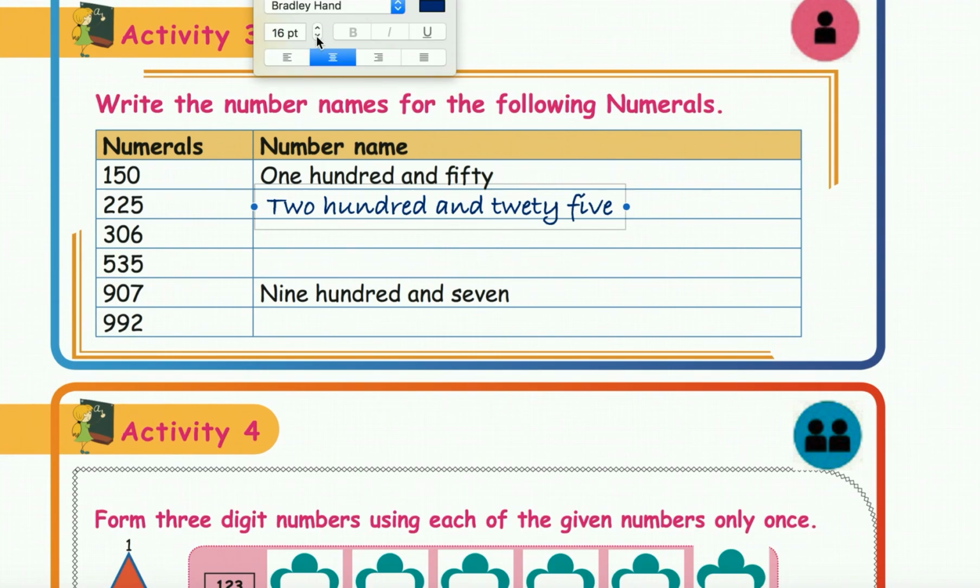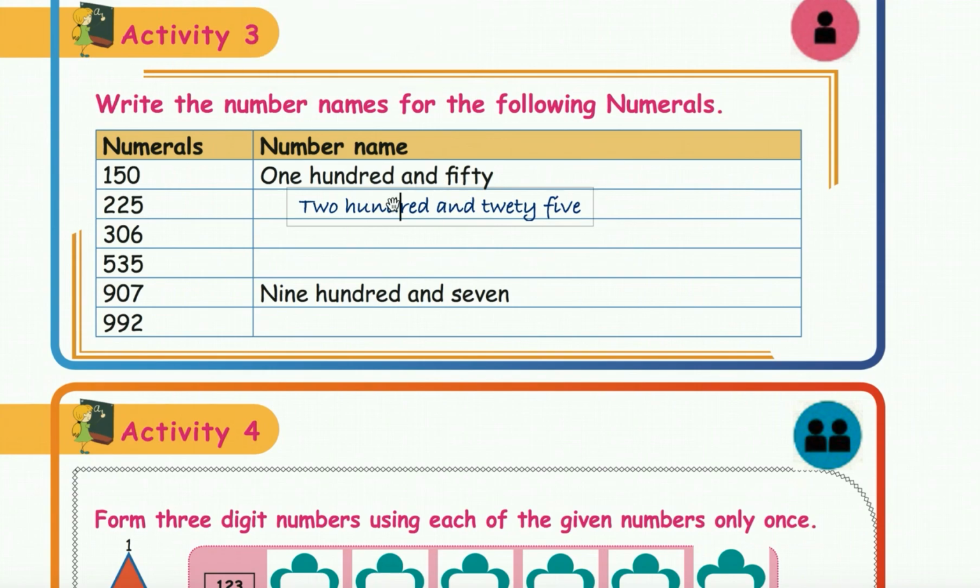Let us reduce the size. Now it fits, right? 225. Thus third one, 300 and 6. Hundreds place it is 3, tens place it is 0. So 306. This is 535.